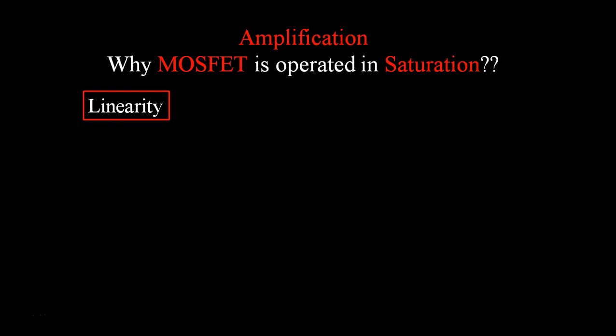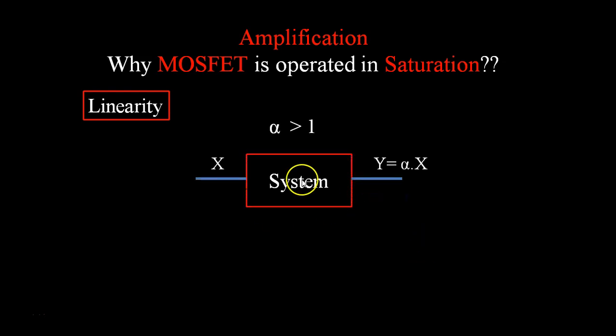So what is linearity? We can put a simple mathematical equation and see what linearity is. Let us consider a system whose input I feed with some x, and the output y is equal to some factor alpha times x, where let's say alpha is greater than 1.